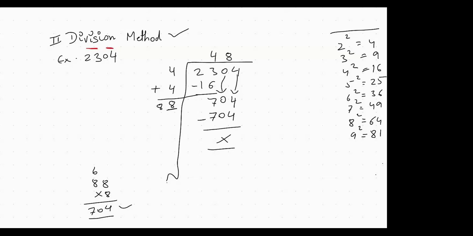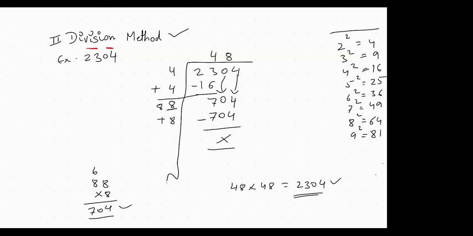If I do 48 times 48, I will get 2304. If I had more digits after it, I would have added 8 again here.